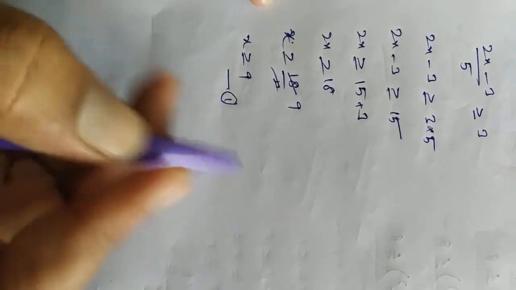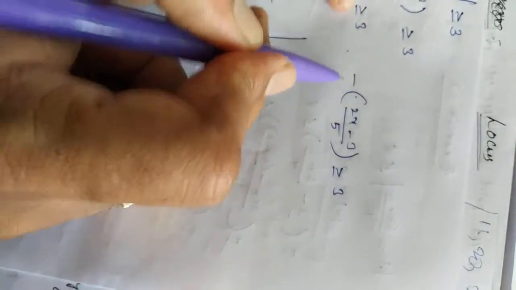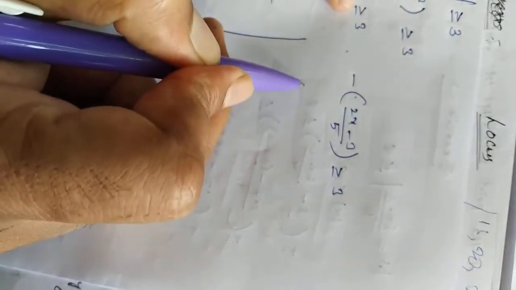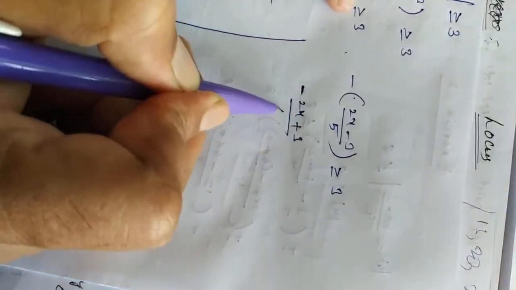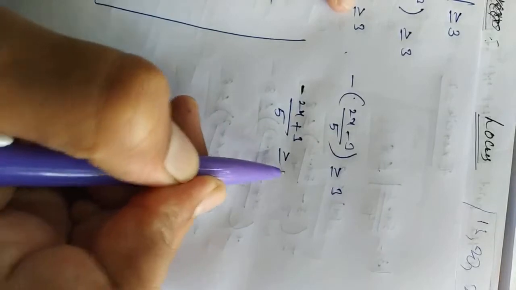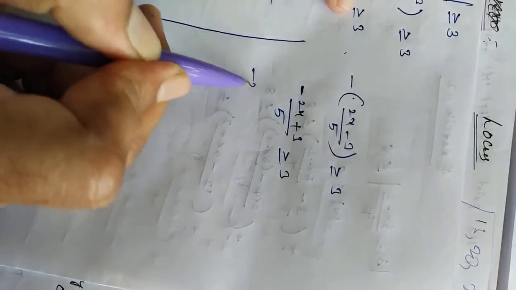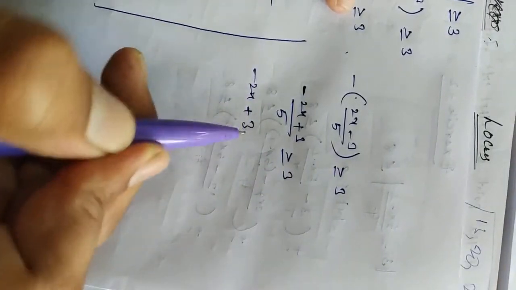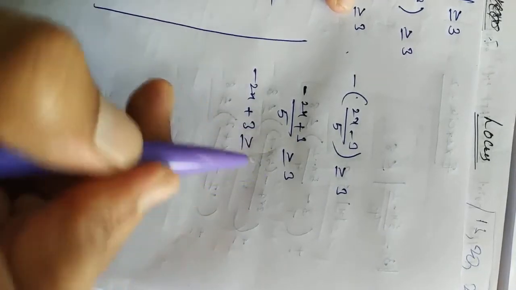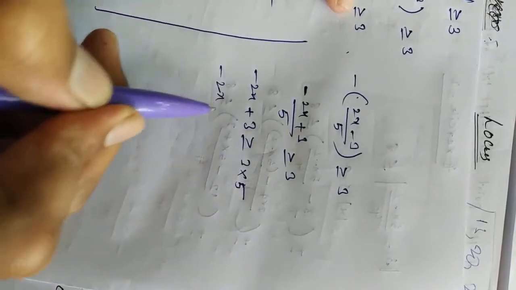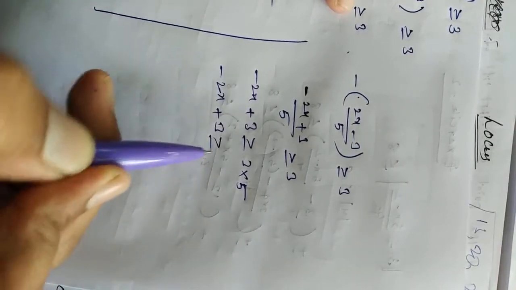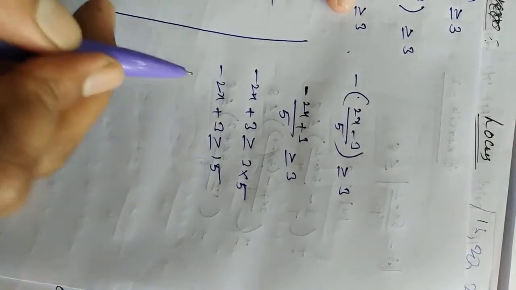This is the first one. And simplify this one. Minus into plus, minus 2x, minus into minus, plus 3, divided by 5 is greater than or equal to 3. So minus 2x plus 3 is greater than or equal to, 5 is moved to the right side, 3 into 5, 15.